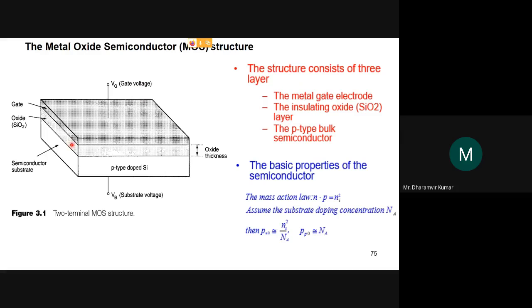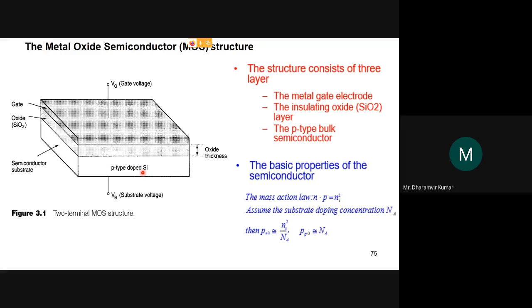Okay, the middle layer is the oxide layer. Generally the most popular one is the silicon dioxide layer, so that is why it's mentioned here like this, SiO2. So this middle layer is the oxide layer, and the bottom layer is the silicon layer or the semiconductor layer. This is written here like p-type doped silicon.